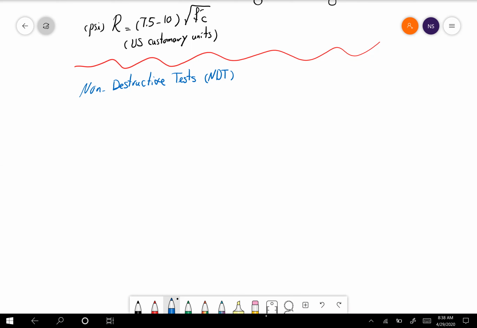One of the non-destructive tests that we can use for concrete is called the Schmidt or rebound hammer.